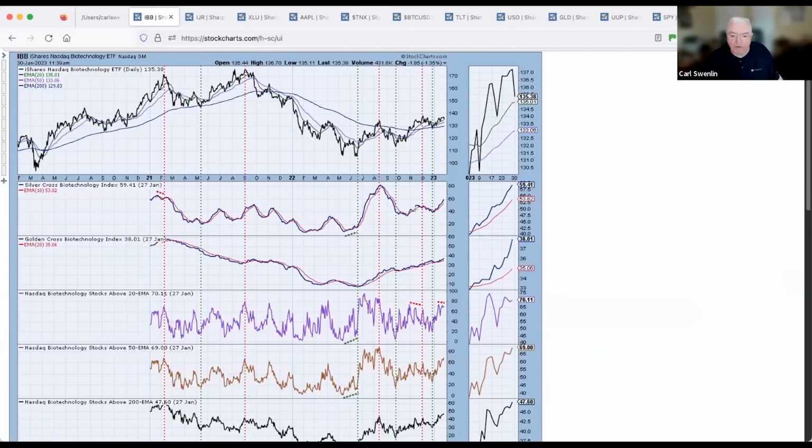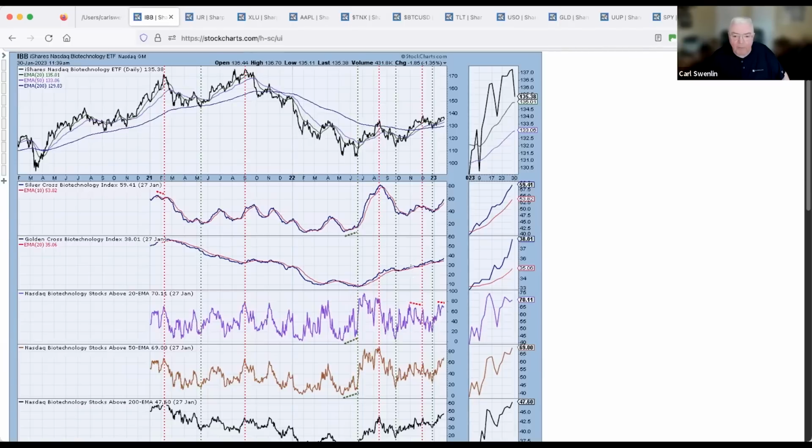The Silver Cross Index is the percentage of stocks in a given index that have the 20 EMA above the 50 EMA. That's basically a Silver Cross buy signal, we call it. The Golden Cross Index is the percentage of stocks in that index with the 50 EMA above the 200 EMA, which has been known as the Golden Cross for as long as I've been around.